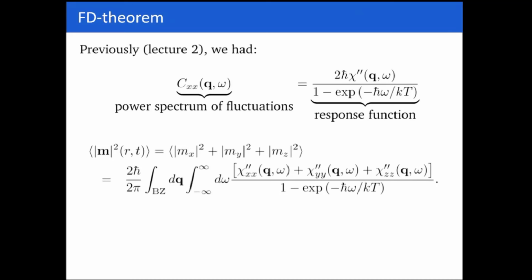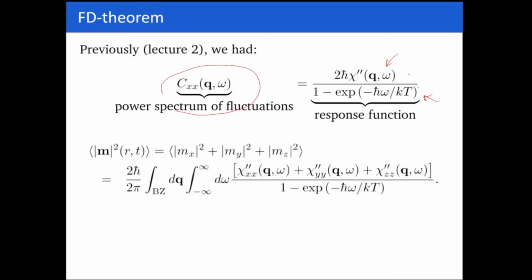So previously I showed you the so-called fluctuation dissipation theorem in the second lecture, and this is the fluctuation dissipation theorem in general. So you have your excitation, you have this Bose factor here, and from these two things you can work out the power spectrum of the fluctuations.